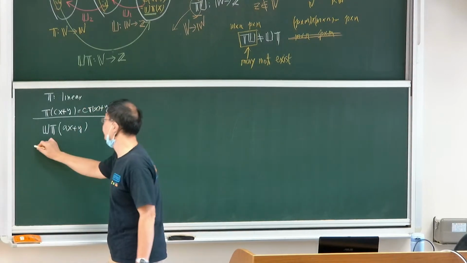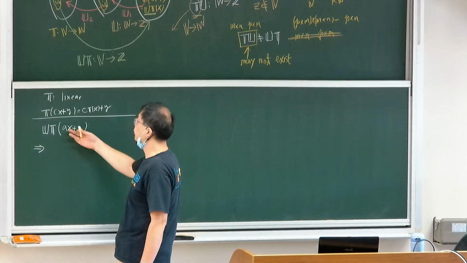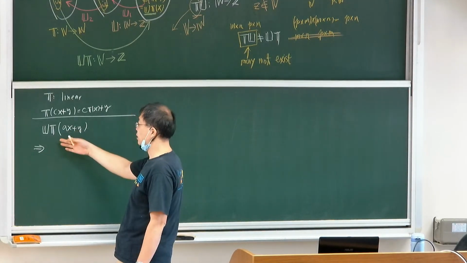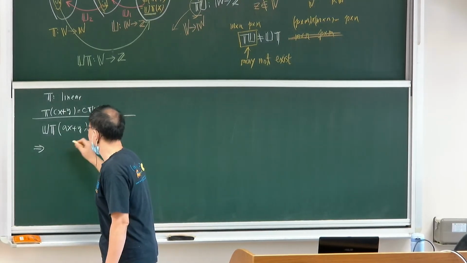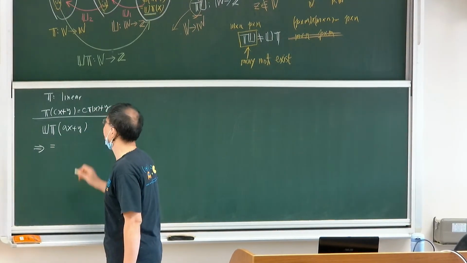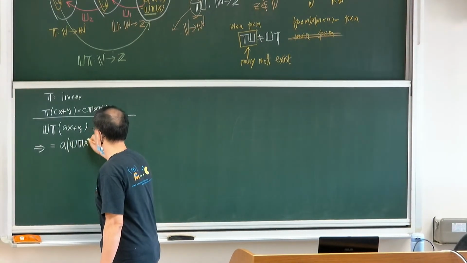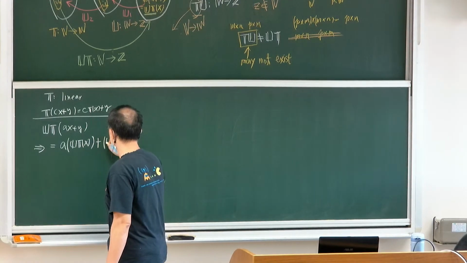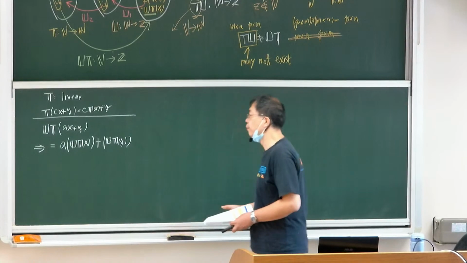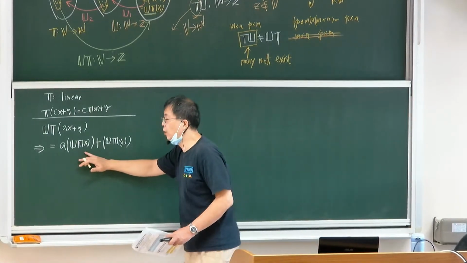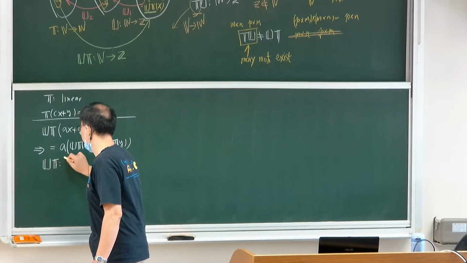Our goal is to prove that if I transform this ax + y vector from V to Z directly, then it will be equal to a times UT(x) plus UT(y). We want to prove this. If the statement is correct, then UT is linear.